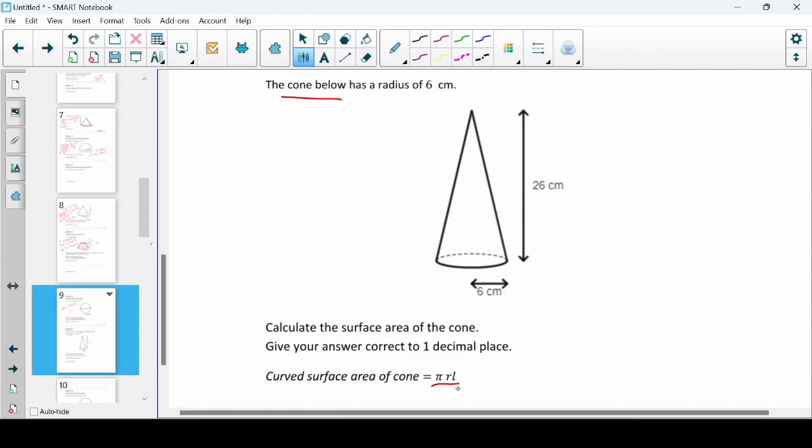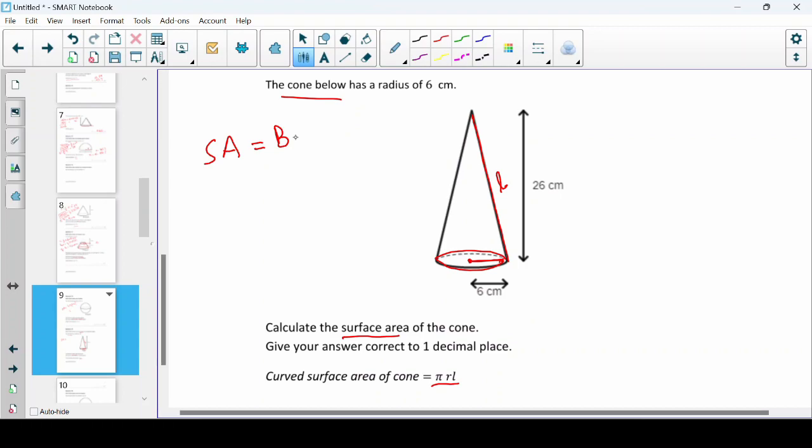So for surface area, the formula is the area of the base plus pi r l.